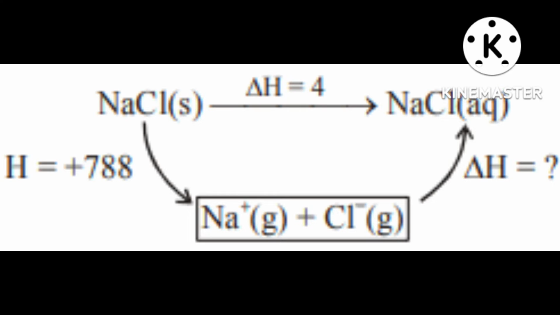The lattice energy of an ionic compound is the enthalpy change which occurs when 1 mole of an ionic compound dissociates into its ions in the gaseous state. As discussed just before, when the solid ionic compound is converted to the gaseous state, heat is required, and that heat is called lattice enthalpy.